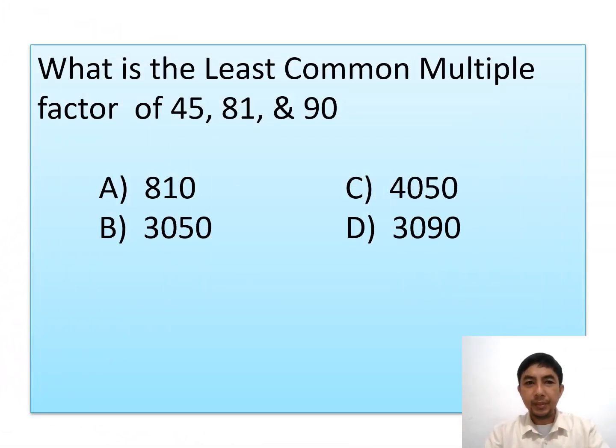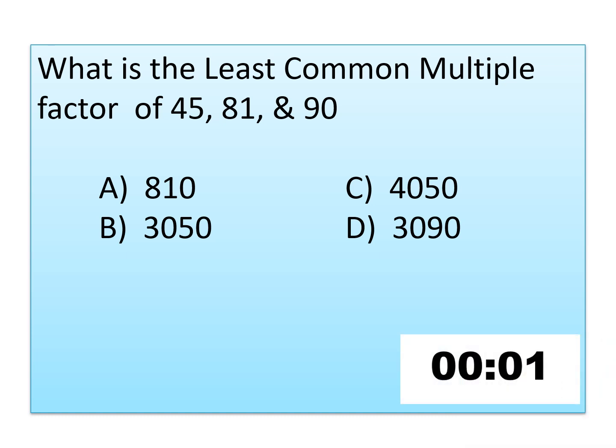Okay, next problem is, what is the least common multiple of 45, 81, and 90? Timer starts now. Time is up.